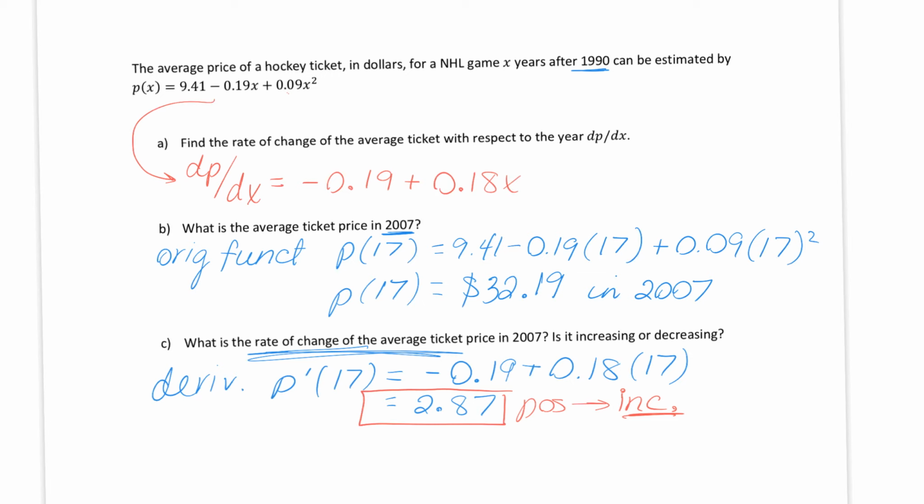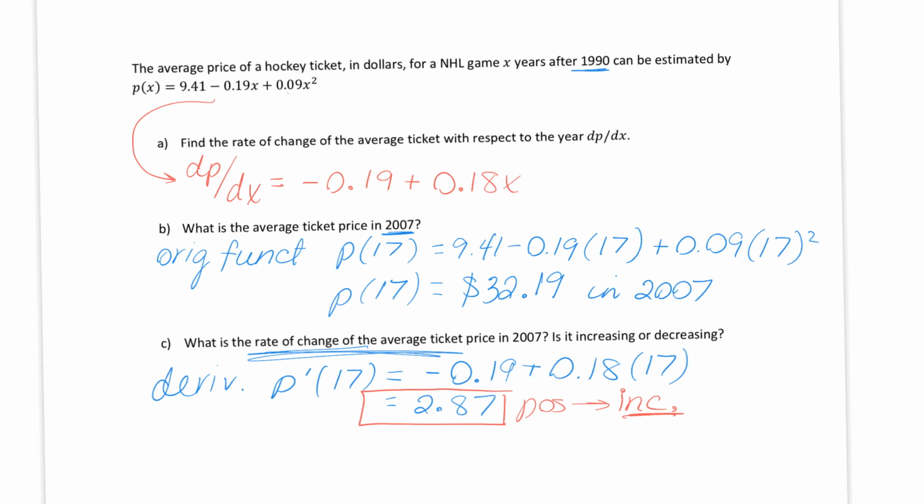Okay, so let's recap. When you read these, you need to very carefully pay attention to the words in the problem because they are going to tell you what the original function finds. If your question is asking for some sort of change or how fast something's changing or how fast something's increasing or decreasing, that means you're going to need to use the derivative.